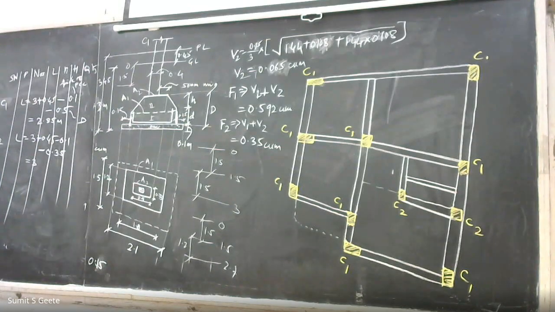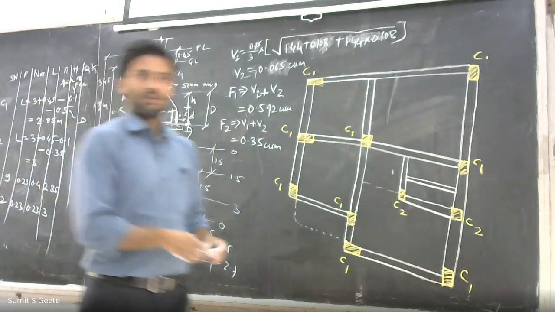Now C1, C2. C1 is 9, C2 is 2. What is the size? This is 0.23 by 0.4, and this is 0.23 by 0.23. Now what is the height? C1 2.85. And this is, do the summation.